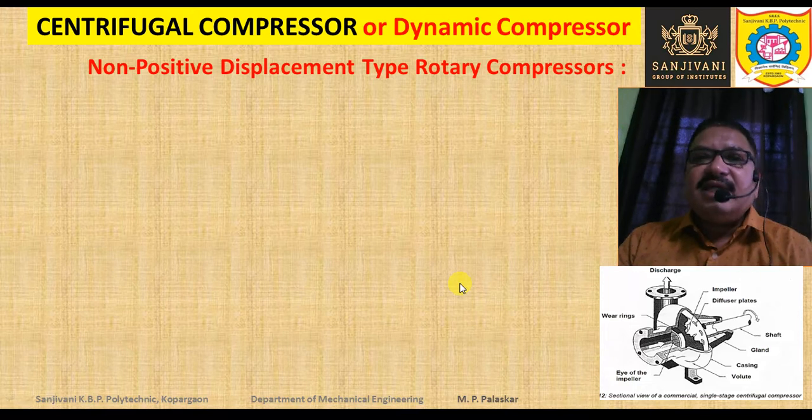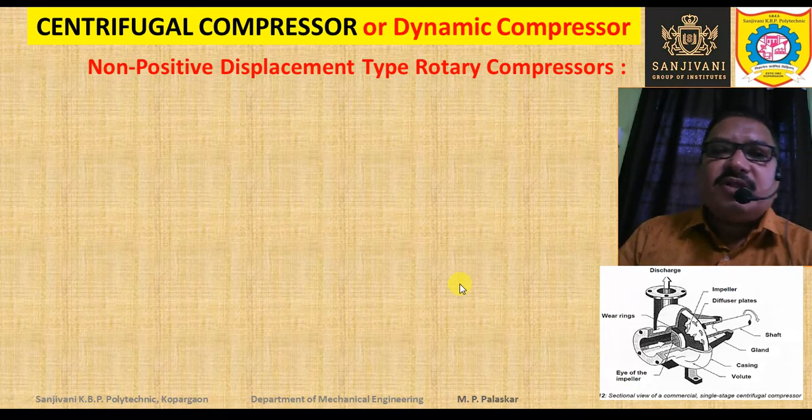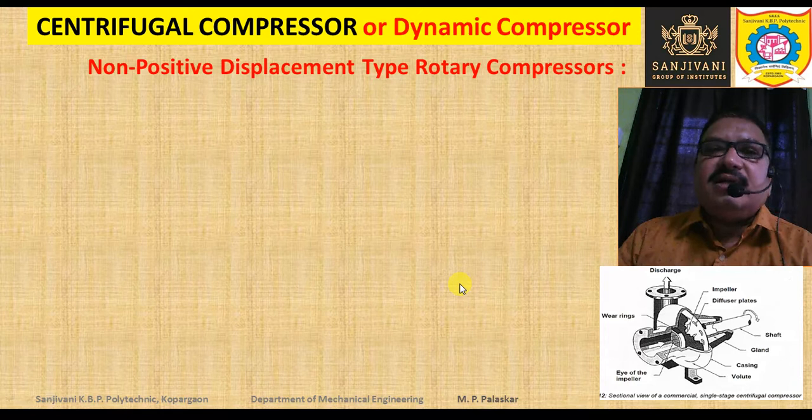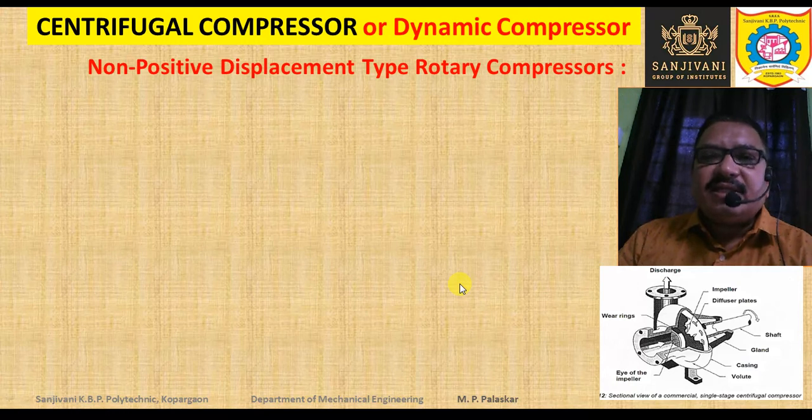So as we have seen, in case of the non-positive displacement type compressors like the centrifugal compressor, the working principle lies in converting the kinetic energy of the air into pressure energy. But for this purpose, first of all, the kinetic energy of the air should be increased. This is done by the rotor of the compressor, which consists of the impeller and the diffuser.